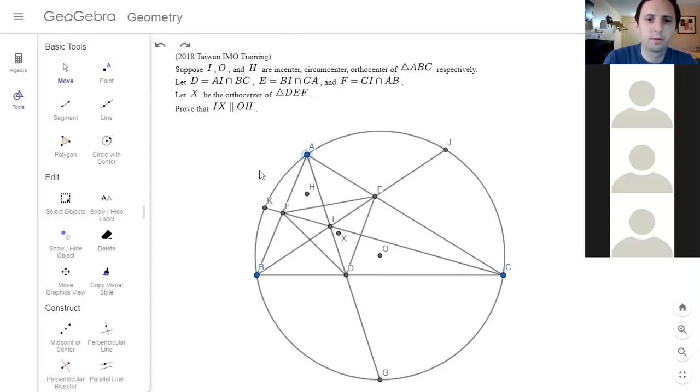So O and H, the midpoint of OH is the nine-point center. It's weird, the orthocenter of triangle DEF.